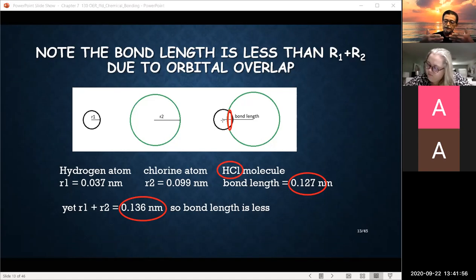And that is because instead of coming together like my fingertips representing the radius, there is an overlap between the two because of the sharing of that bond and sharing of that pair of electrons between the hydrogen atom and the chloride atom. Okay.